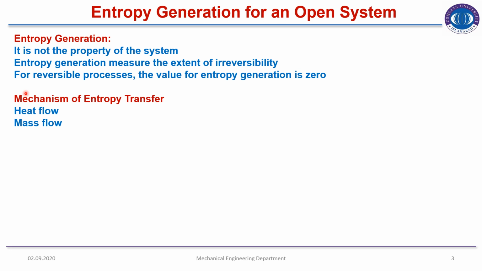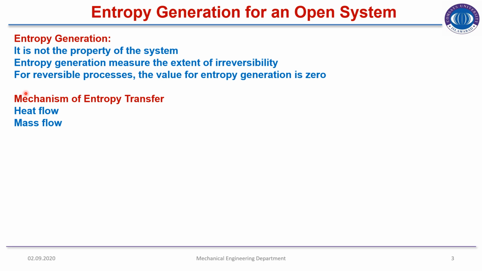Therefore, when the change of entropy of the system is negative, that means the heat is flowing out of the system.